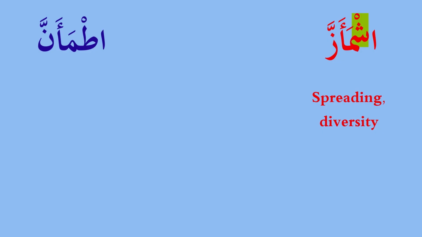And I've explained in previous lessons that sheen has the meaning of spreading and diversity. Shh. And it's captured in its own sound. The ta has this stability and strength to it. So just by using those letters, we understand the difference between these two verbs.